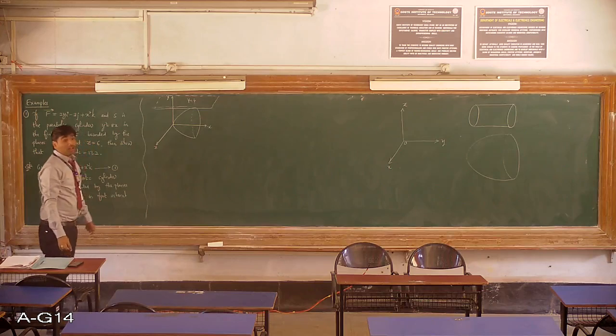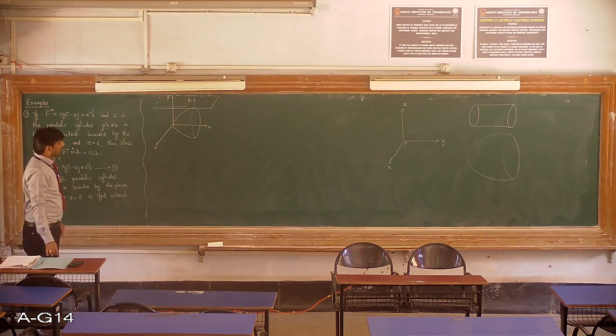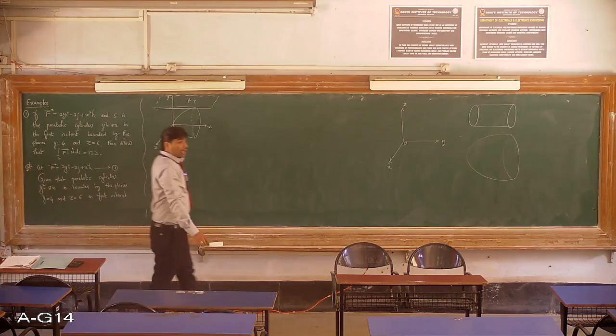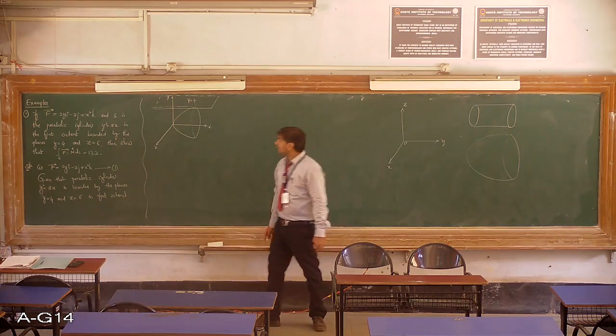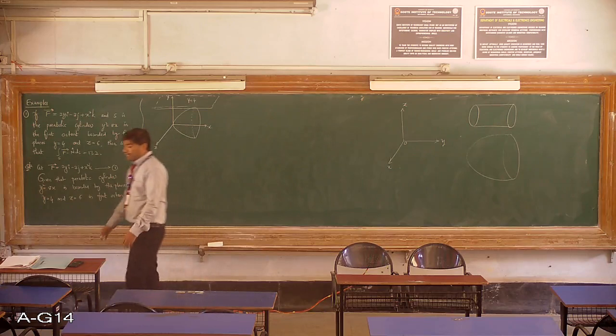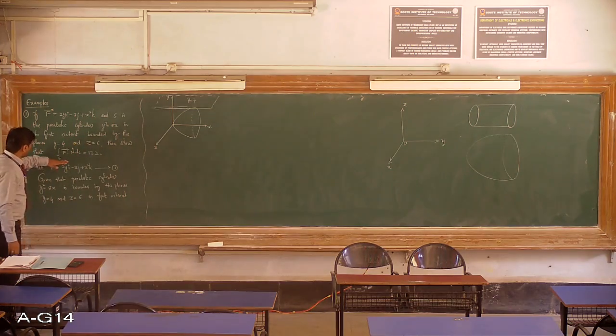Similarly, there is one more plane, z is equal to 6, which is parallel to the xy plane. Now they want us to prove this much, and this much we have already seen.